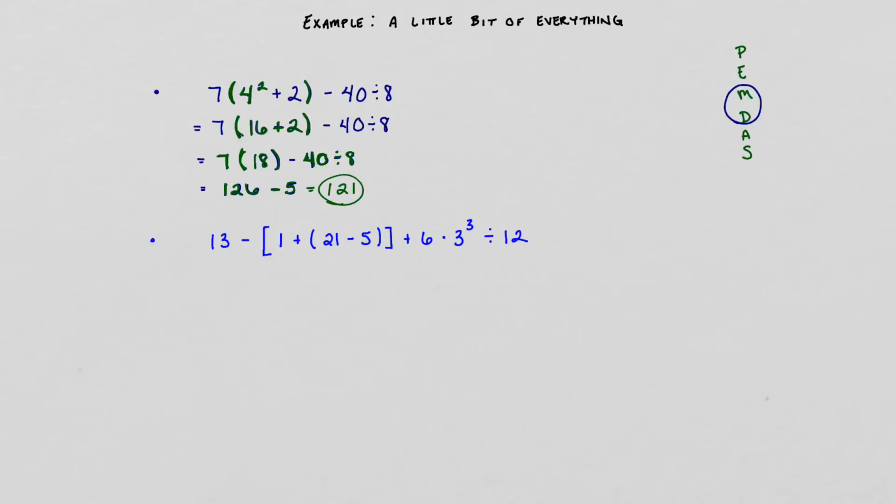Our second example, we have 13 minus the quantity of 1 plus the quantity of 21 minus 5, plus 6 times 3 to the third power divided by 12. In this problem, we have a couple of parentheses, one being nested inside the other, and we always want to work from the inside out in those situations.